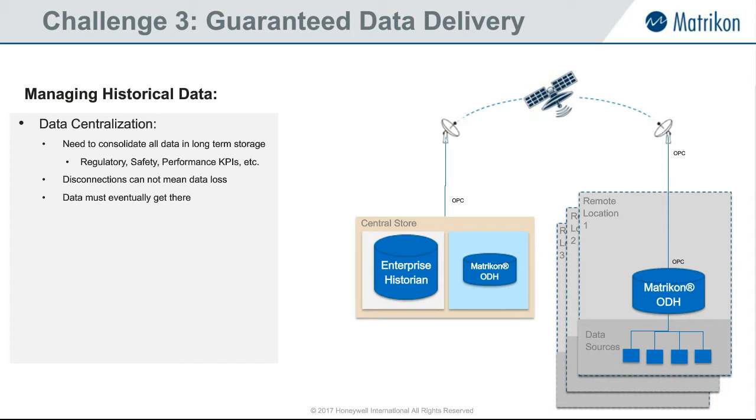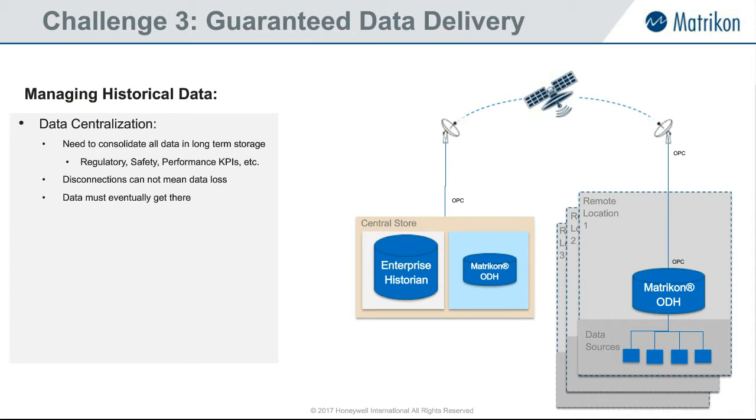Sometimes that may sound quite simple, but if you look at how enterprise historians work, quite often they don't handle out-of-sequence data well. If you have a disconnection and you didn't transfer a bunch of information, then when you reconnect you start to receive the real-time values that are currently current, and at the same time you start sending past information over, that can cause some indigestion for the historian, or data corruption.